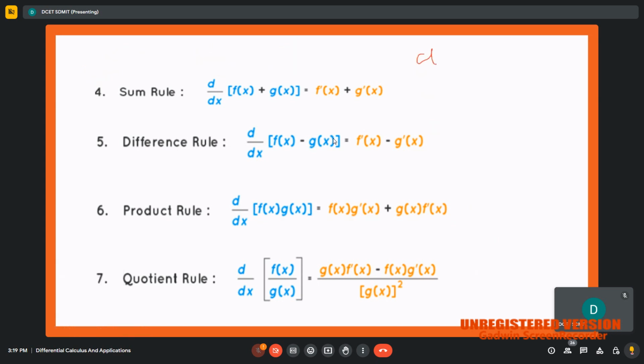How? d by dx of u by v; quotient means division, u by v.